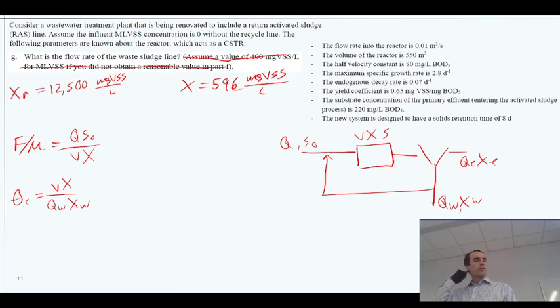We were given earlier that XR was recycled at 12,500 milligrams VSS per liter. Right, because we know that XR is going to be equal to XW. So there's no difference there.